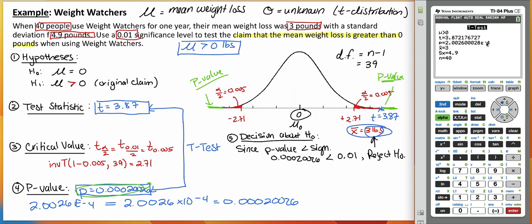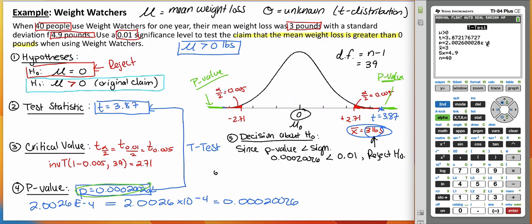So what on earth does that mean? Let's go back to step 1. We're going to reject the claim that the average or mean weight gain for people on Weight Watchers is 0 pounds. This means that our evidence supports the alternative claim, which is also the original claim.